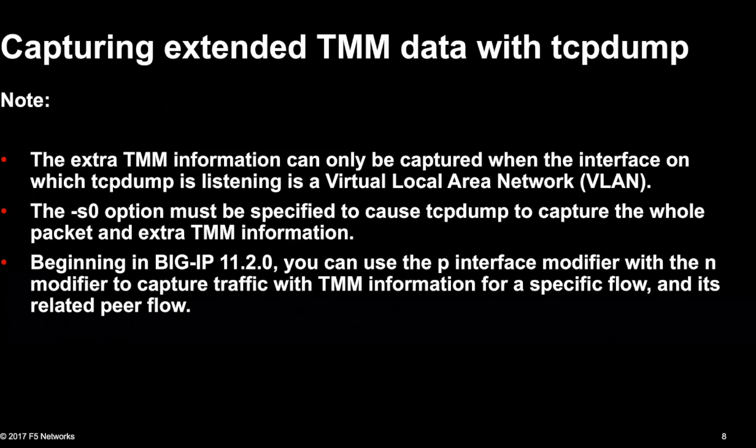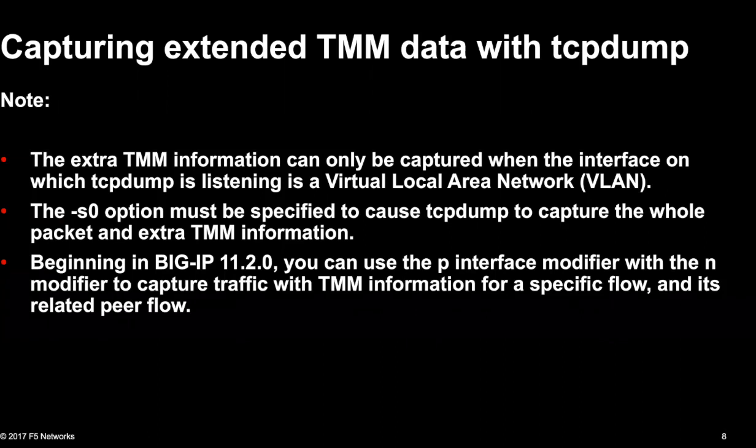This extra information is not included in the dump if Tcpdump is listening on a physical interface, for example 1.2, 2.2, which will display traffic ingress or egress the BigIP system through the interface before or after TMM has processed it.